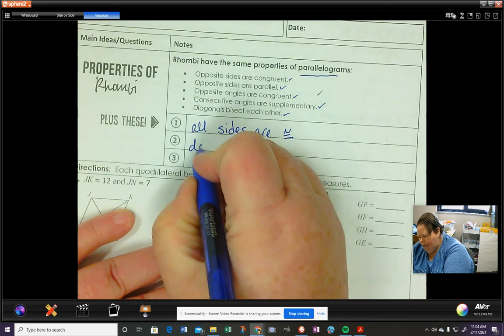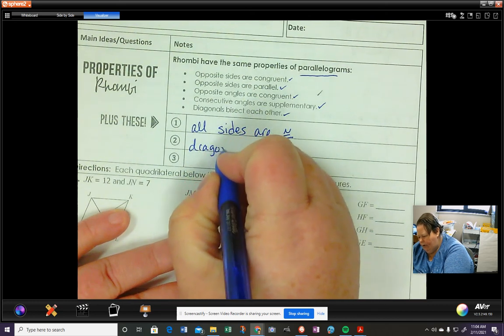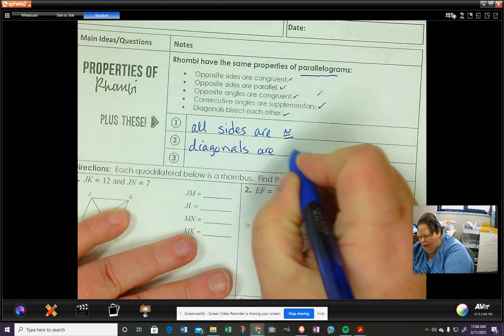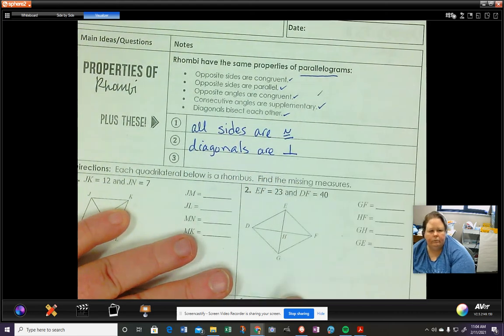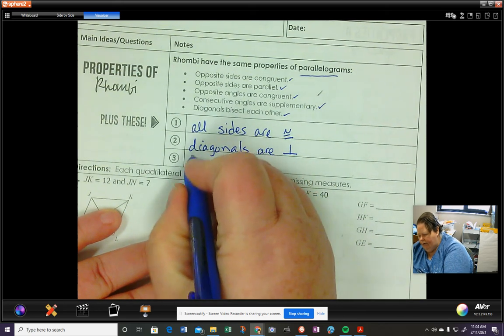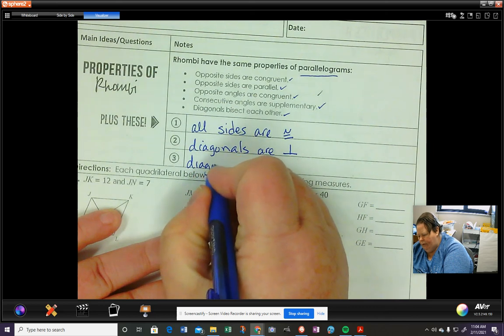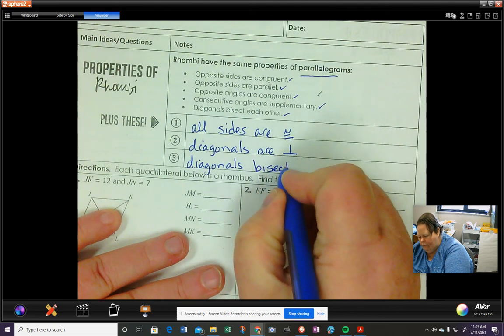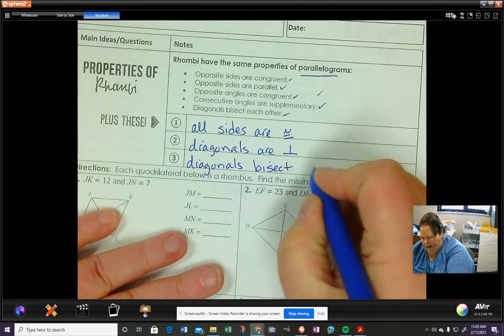Diagonals are perpendicular. And the diagonals bisect opposite angles.